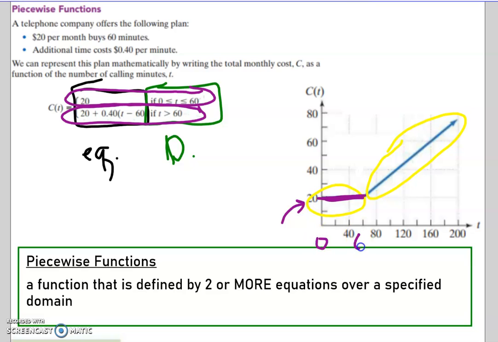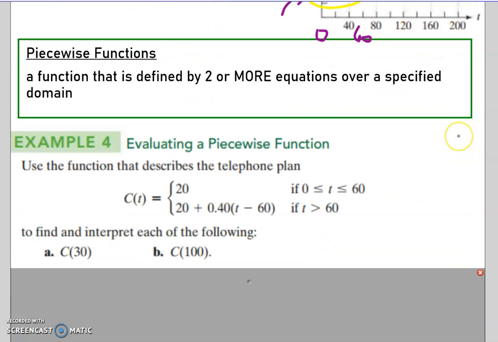And then everything after that, I have a new equation, a new line from 60, anytime greater than 60. Just like there, there's my new part. Okay, so two different functions are on the same graph, and we need to be able to evaluate it.